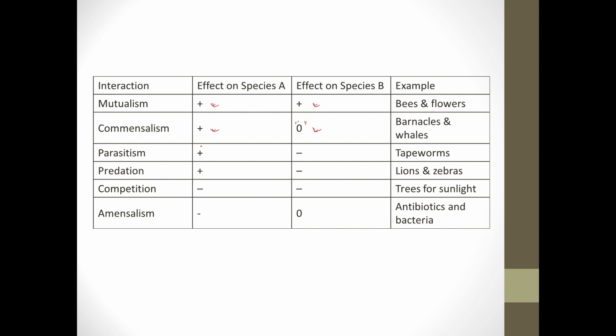In parasitism, one benefits while the other one is harmed. A similar case is shown in predation. In competition, both of the species are harmed, and in amensalism only one species is harmed while the other has neither harm nor loss, and it can be seen in the interaction between antibiotics and bacteria.